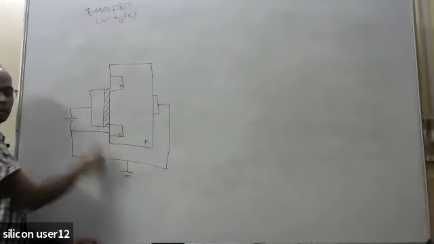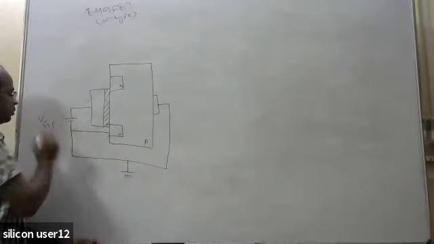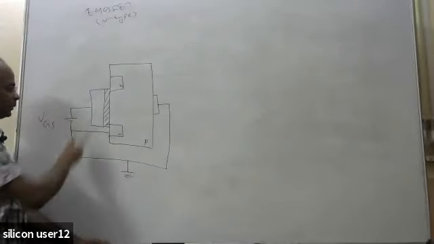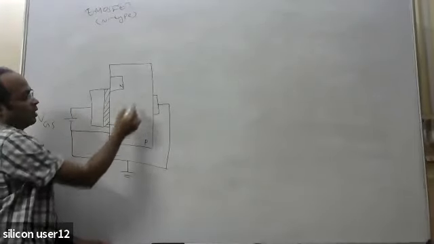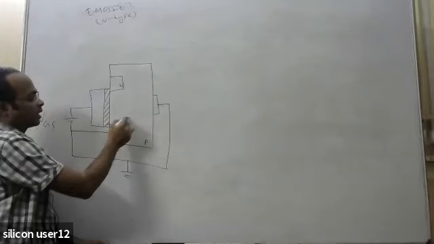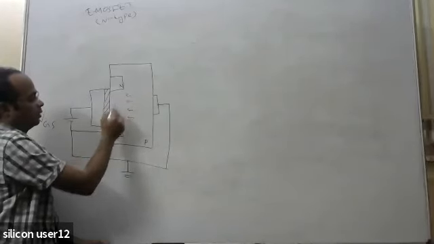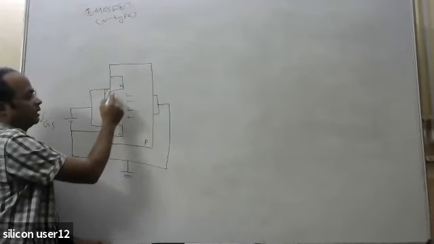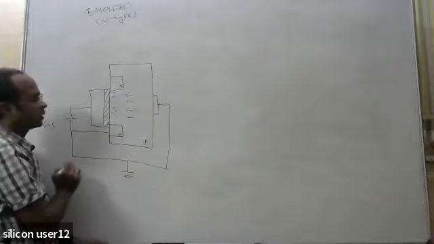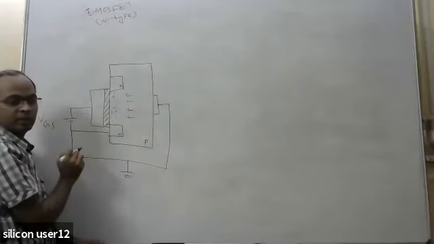When you apply a positive VGS, it tries to pull the electrons. So electrons inside the body are attracted and they gather or accumulate near the surface, and this will create a channel or path.